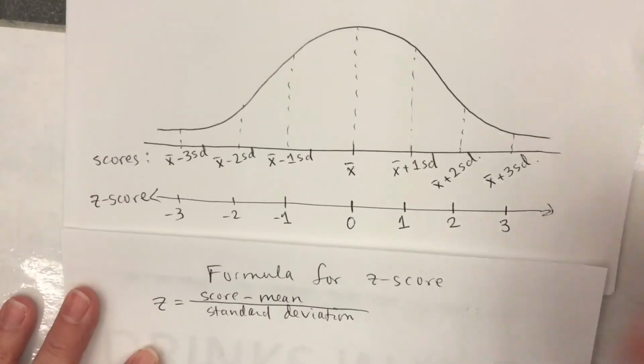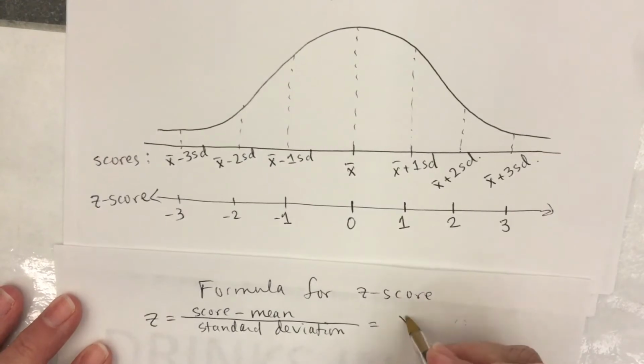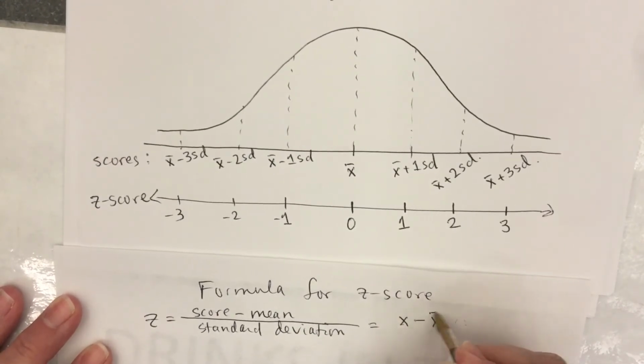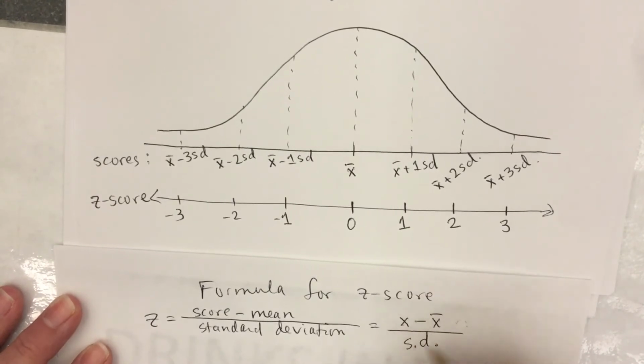Now, if you want to use the symbols, I could say score is x, the mean is x bar, standard deviation SD.